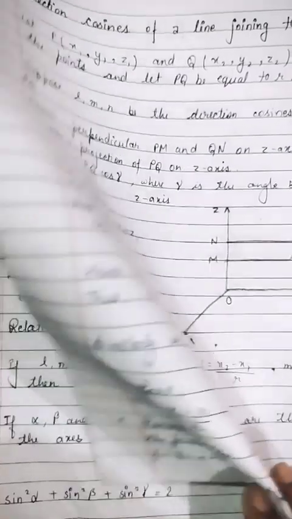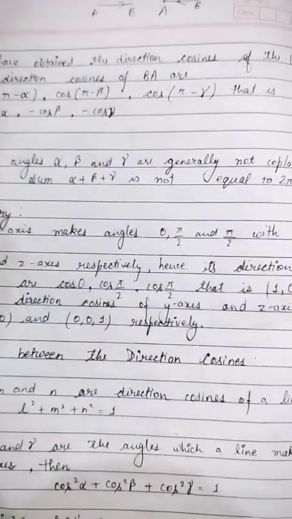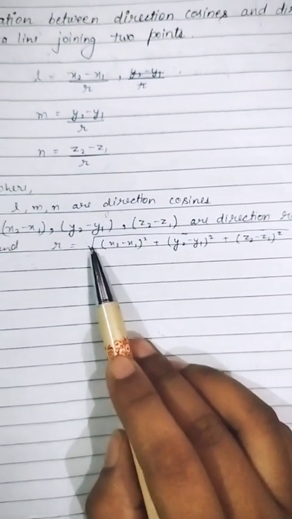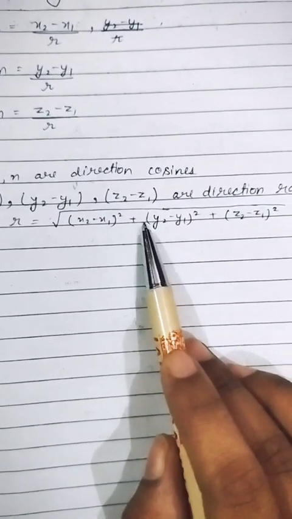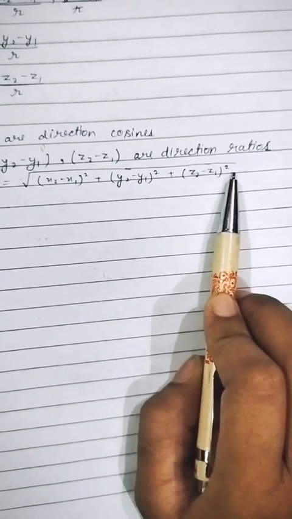And we saw in the previous section how to find the value of r. Here you can see it. Basically r is equal to under root of x2 minus x1 whole square plus y2 minus y1 whole square plus z2 minus z1 whole square.